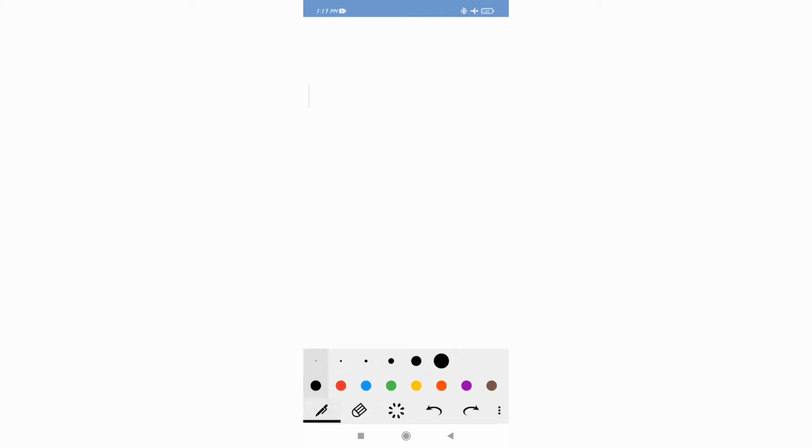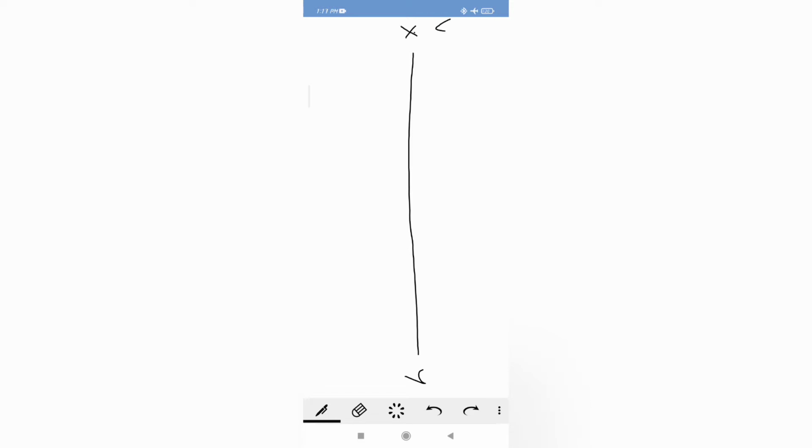Now let me start the projections. As usual, everything is considered in first angle projection, so VP comes above the reference line and HP comes below the reference line. And according to the question, the pentagonal pyramid is resting on HP with its base. If it is resting on HP with its base, it is clear that the base surface can be seen from the top view.